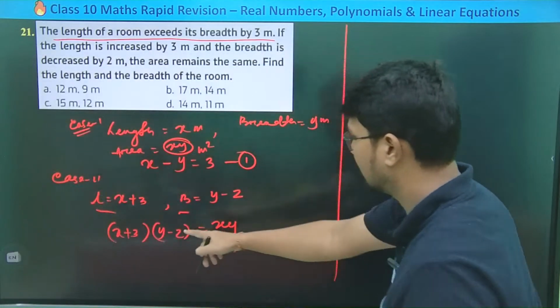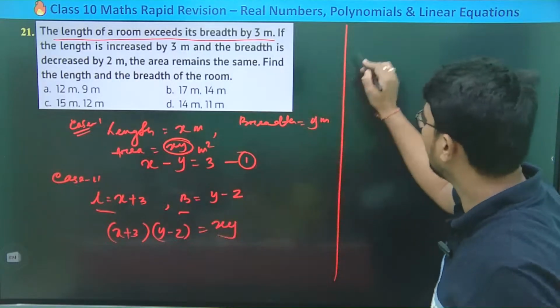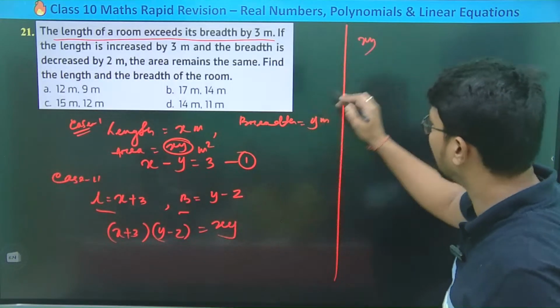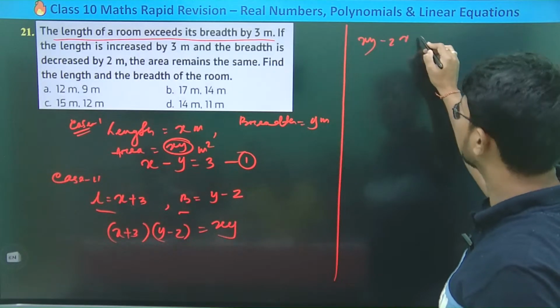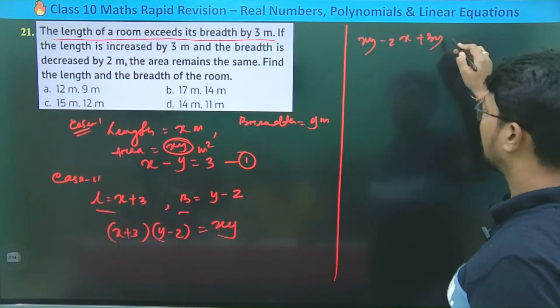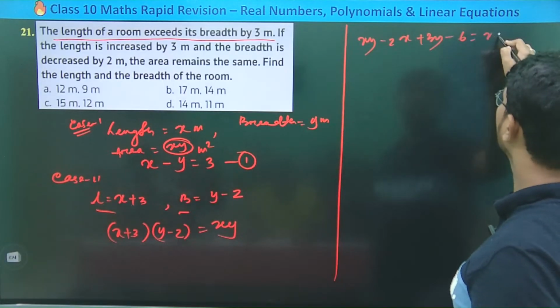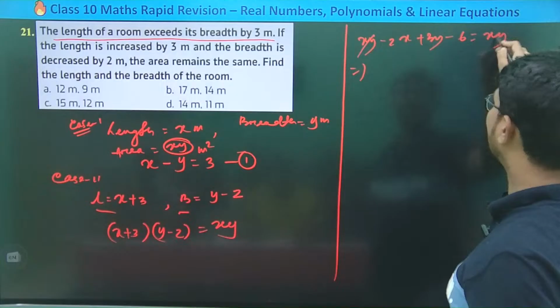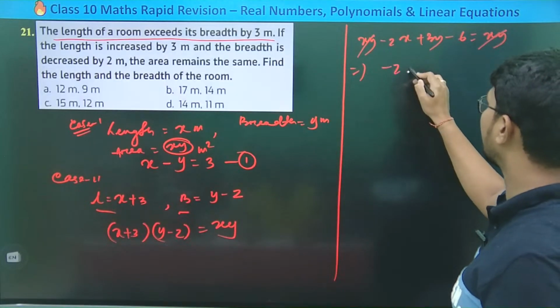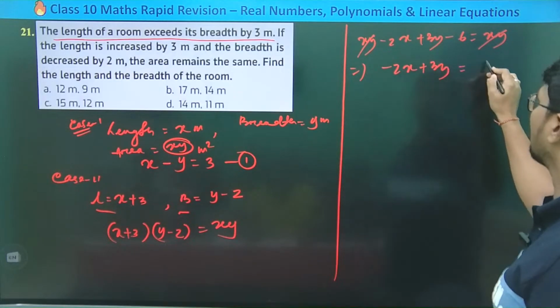Next solve this one. x into y, xy, x into minus 2, minus 2x plus 3y minus 6 equals to xy. So xy, xy cancelled. So left minus 2x plus 3y equals to 6.